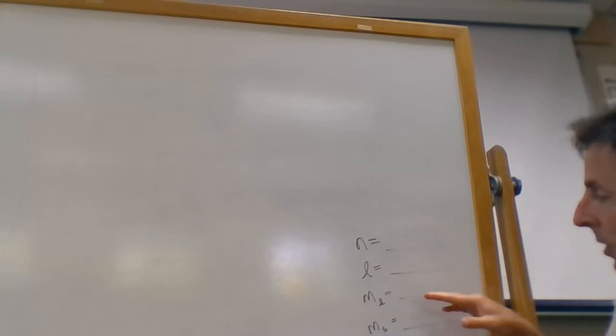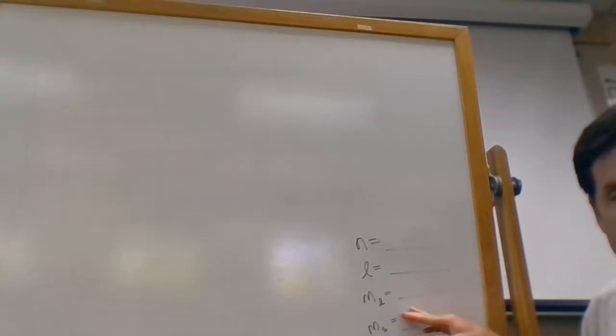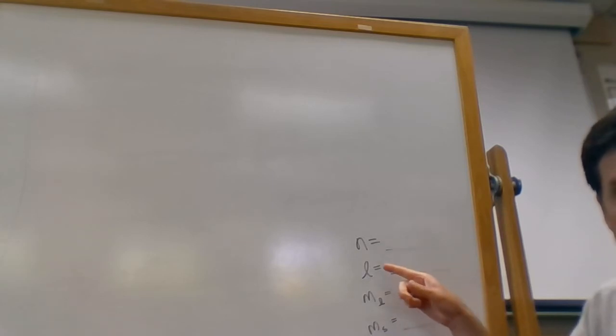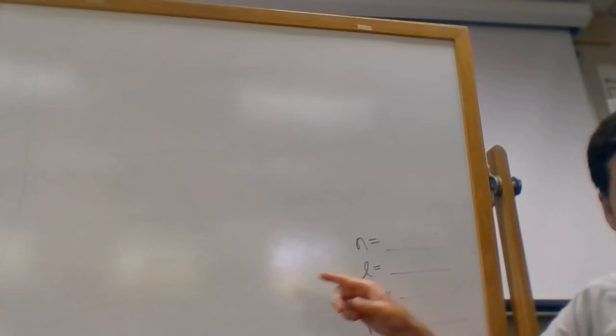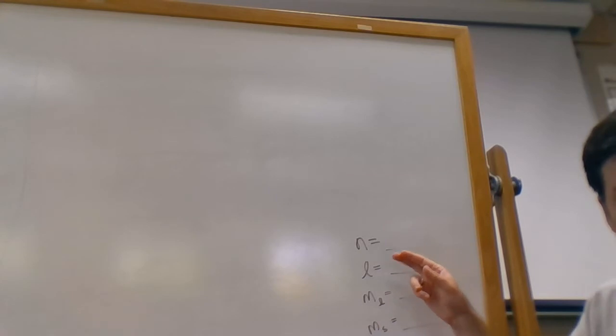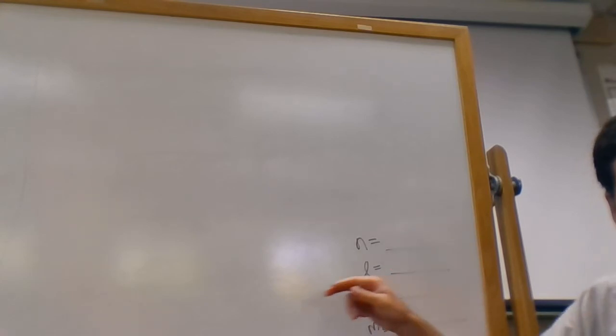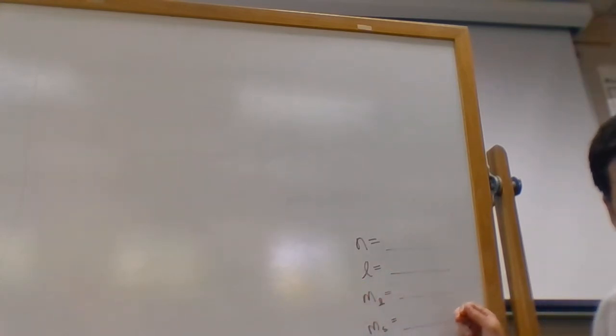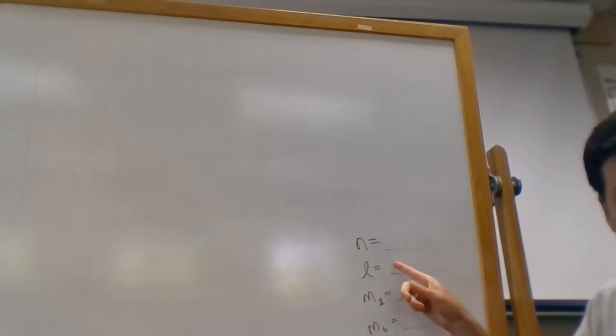So if L equals 1, m sub L is going to be any whole number between -1 and +1. If L equals 2, then m sub L can go from -2 to +2. If L equals 3, then m sub L can go from -3 to +3. Okay? So m sub L's values are going to be based upon L's values.